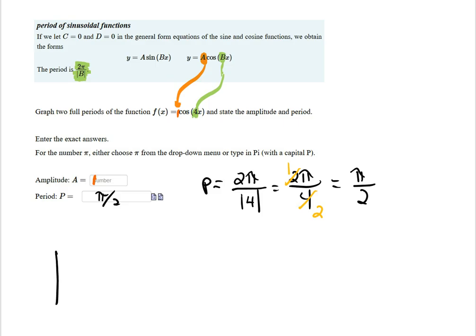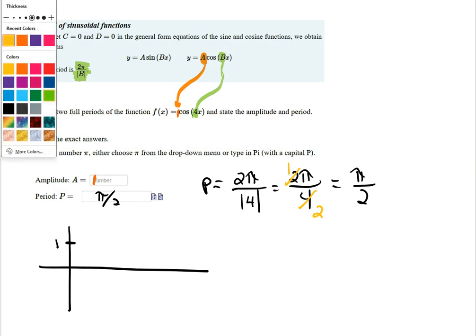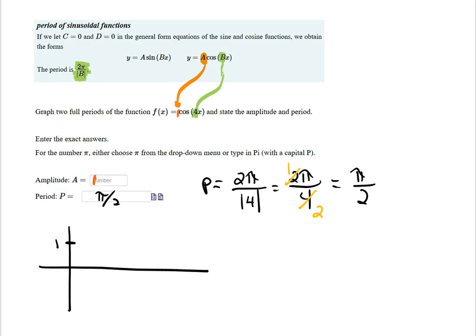Now, for the graph, remember that your basic cosine graph starts at 1, and it's divided up into 4 chunks, because it's going to go from here to here is the first, from here to here is the second, from here to here is the third, and from here to here is the fourth.